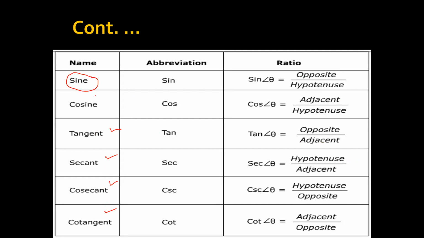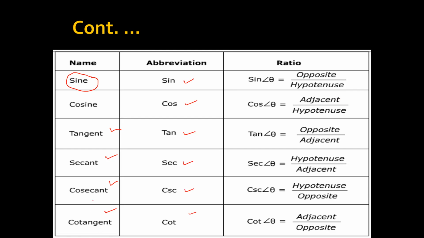Now we are not using the full names sine, cosine, tangent, secant, cosecant, and cotangent. We are using shortcuts. So the shortcuts of these names are sin, cos, tan, sec, cosec, and cot.